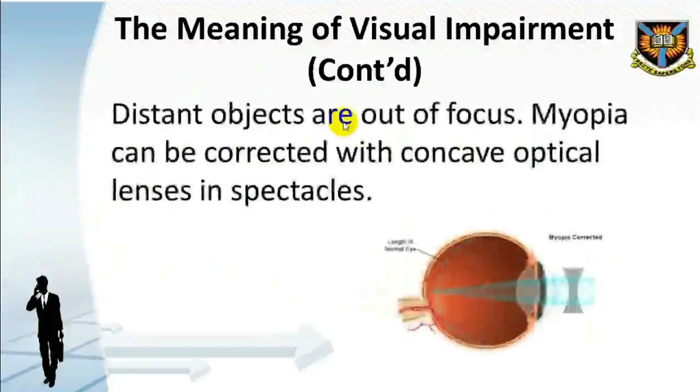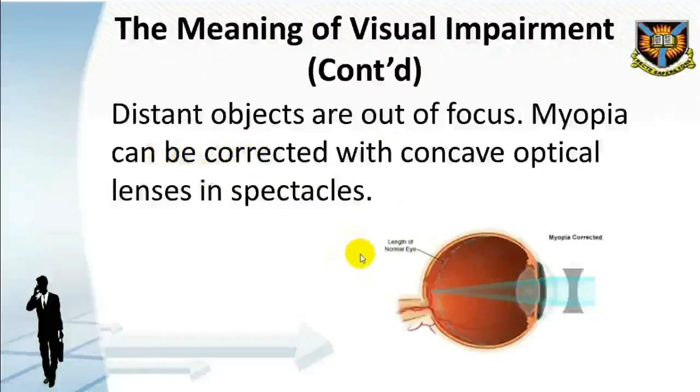Distant objects are out of focus. This is because instead of rays of light from an object entering the eye to fall exactly upon the retina, the object or light forms an image in front of the retina, causing distant objects to appear blurred. The eye that has this kind of problem is unable to achieve focus of the image on the retina.